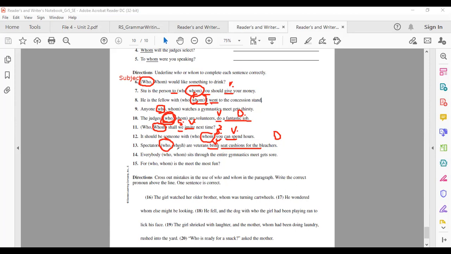But we said that we have to focus after the brackets. If I come here after the brackets and read the sentence, it would start like this: our veterans bring seat cushions for the bleachers. If I read it this way, it doesn't make sense. There's something missing. You can't start a sentence by saying our veterans bring seat. Who are they? We don't understand.